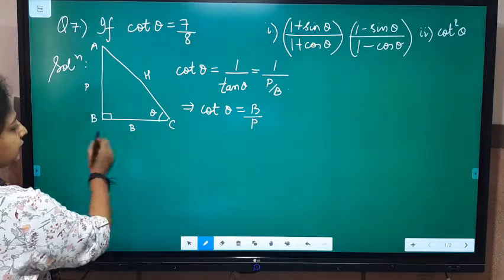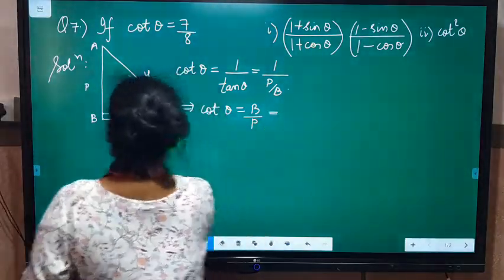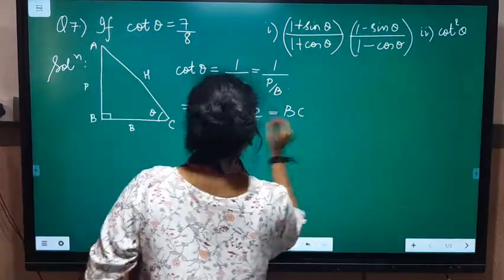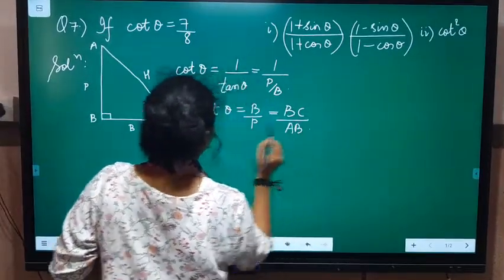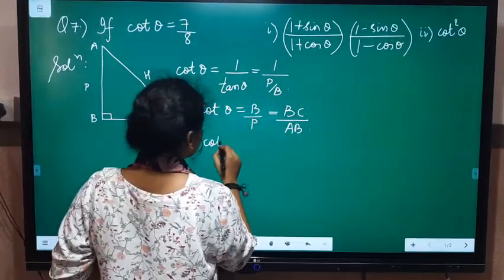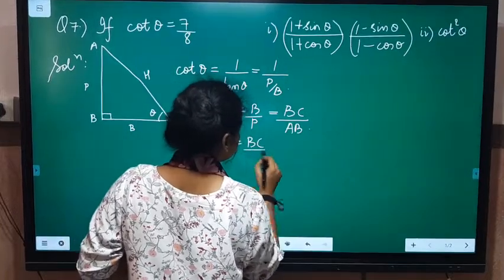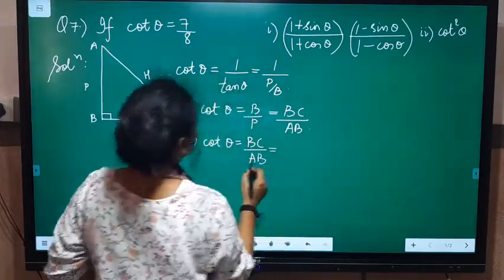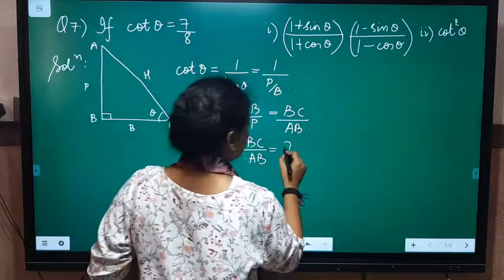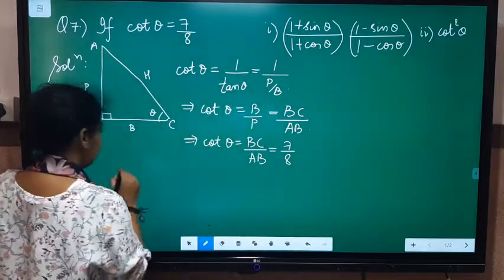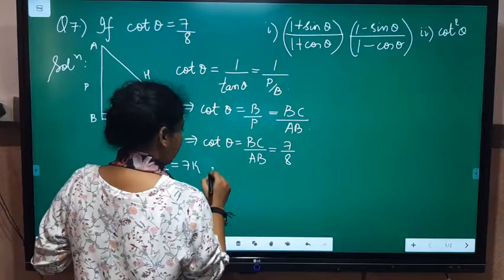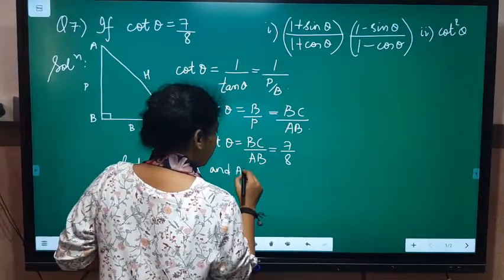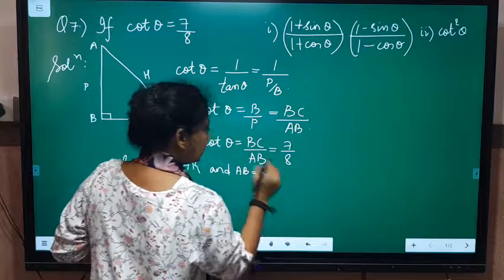For this theta, this side is the base. This means BC. And this is the perpendicular. This means AB. So cot theta is equal to BC upon AB, and this value has been given to us as 7 upon 8. From here we can consider let BC equal to 7K and AB equal to 8K.